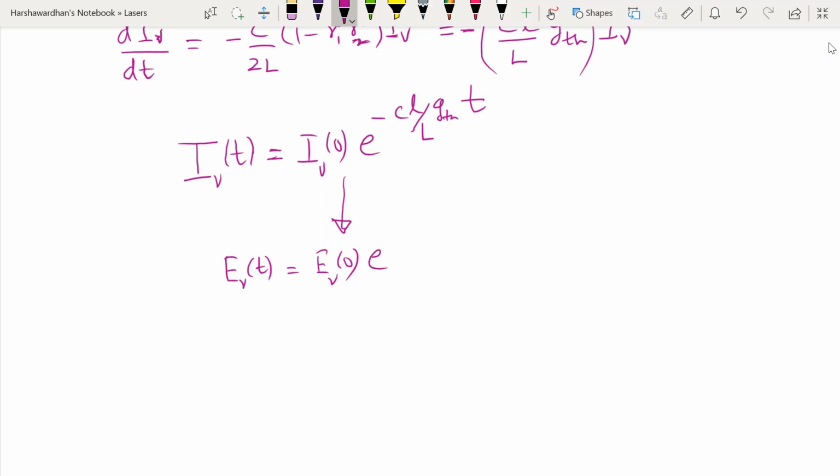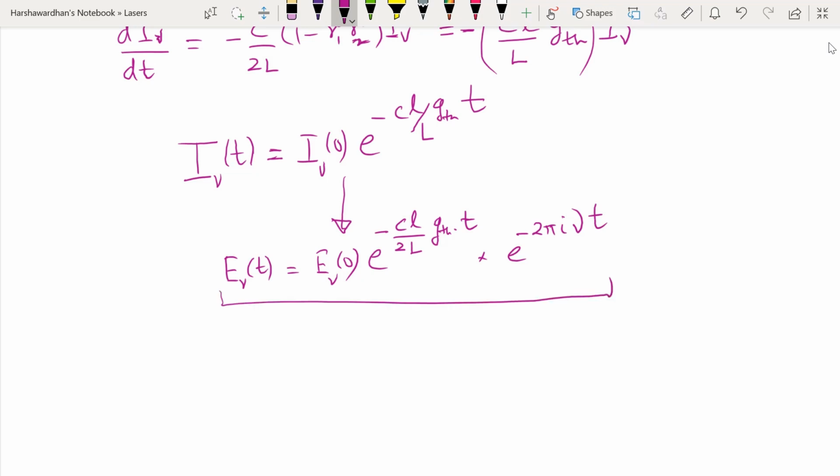The amplitude itself decays by half of this, which is c small l by capital 2L times G threshold times t. And of course, the electromagnetic wave has a central frequency, which I am writing as exponential minus 2 pi i nu times t, exponential minus i omega t. This is my electric field that describes the electromagnetic wave that is decaying out of the cavity with this intensity dependence.